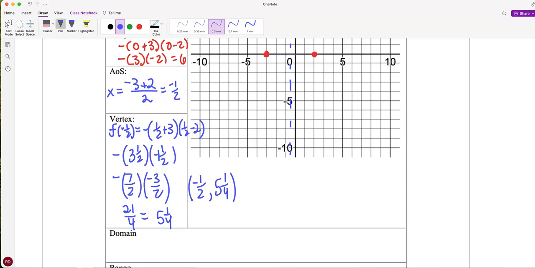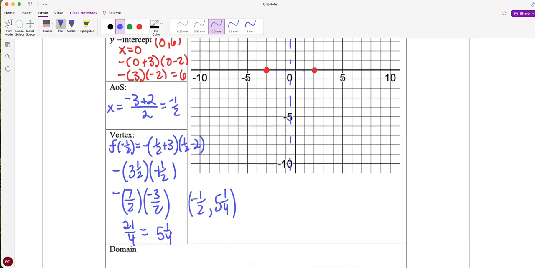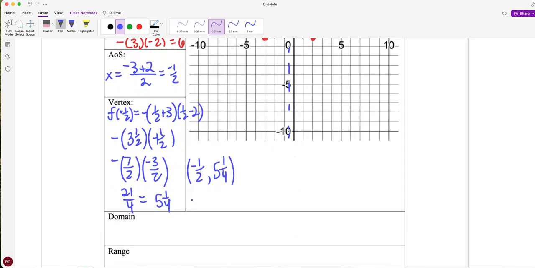Did I do that right? Let's see. I don't think that's right. Let's see if I do it again. So 3.5 is 7/2, and -3/2. Wait, what did I do wrong? So negative, let me try that again.